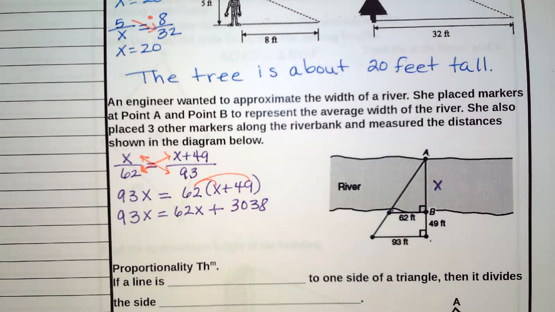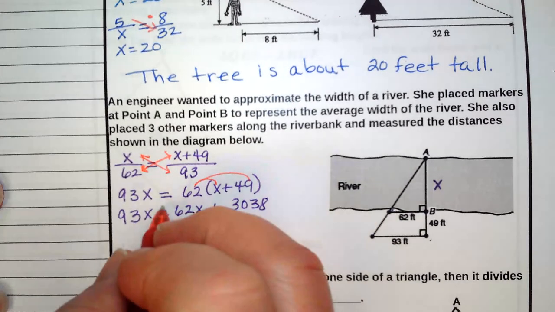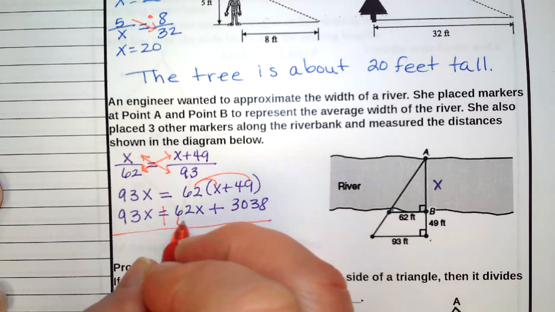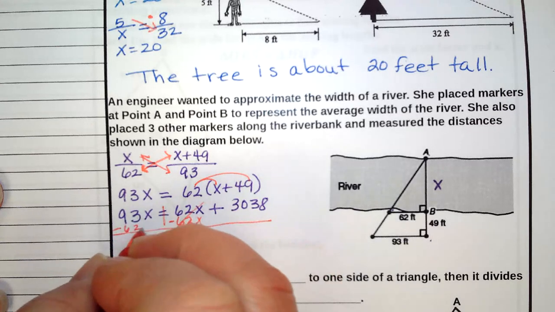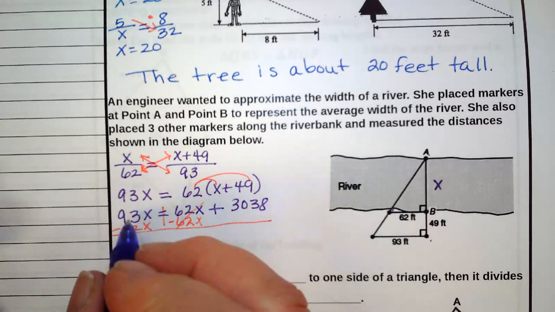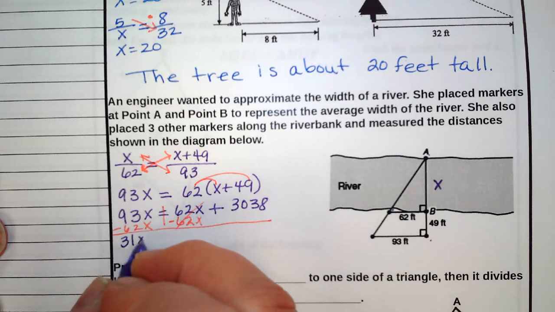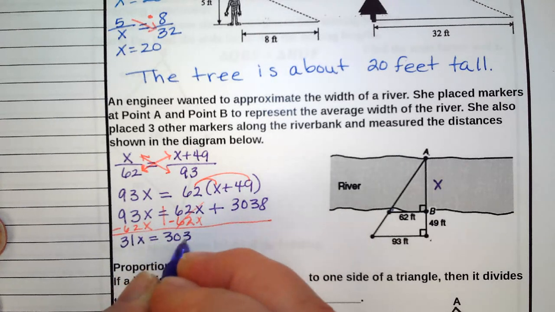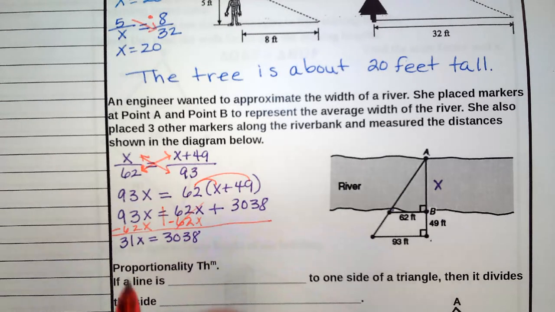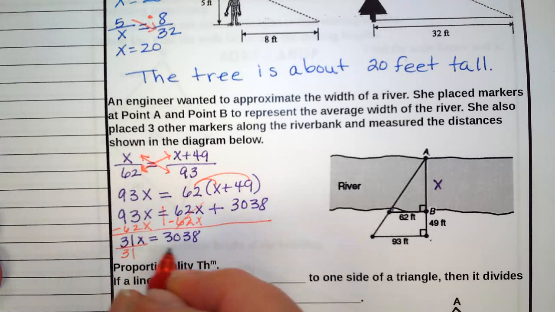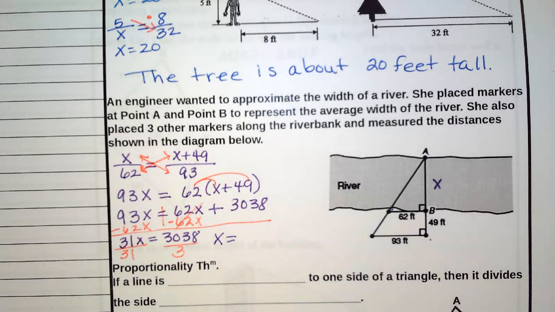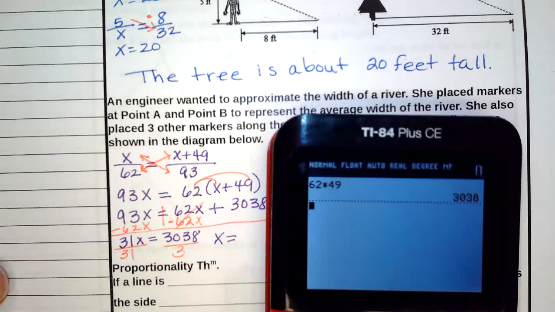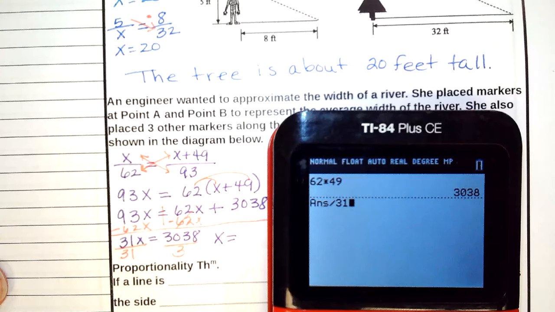Now I'm ready to solve. I will subtract 62x from both sides. Okay, 31x is equal to 3,038. Divide by 31. And x is equal to 98.